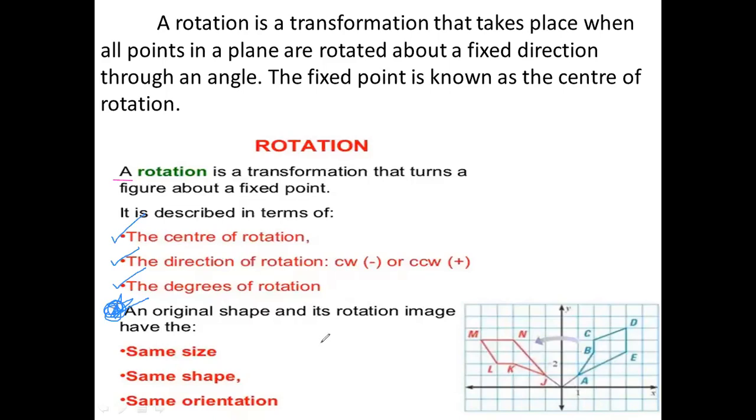Okay, now if you take a look at this example here, the blue one is your object, and it undergoes transformation by rotation at about 90 degrees. That means this object will turn counterclockwise, forming the image.